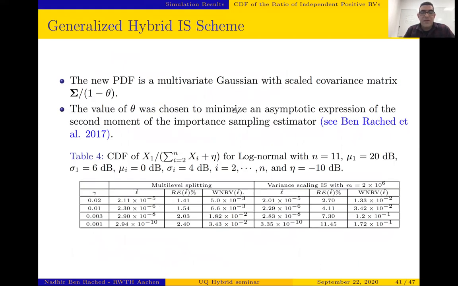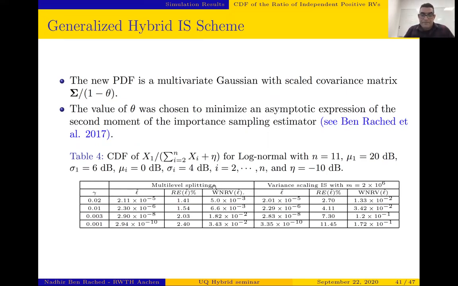The idea that we proposed in this paper is to scale the covariance matrix by the factor 1 minus theta, where theta will go to 1 as the event gets rarer and rarer. The value of theta that we choose is basically to minimize an asymptotic expression of the second moment of the importance sampling estimator. For more details, this paper is available. You can have a look.